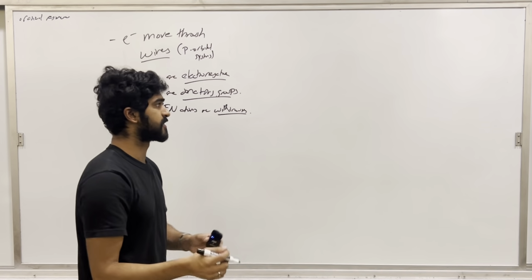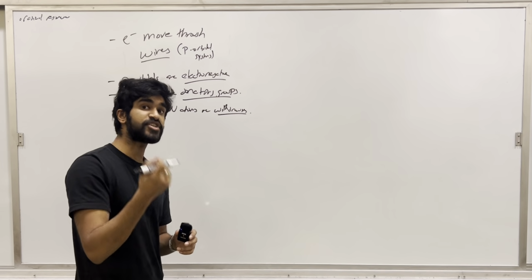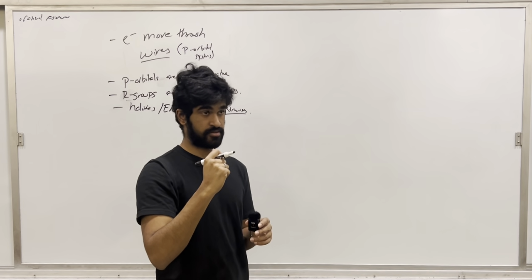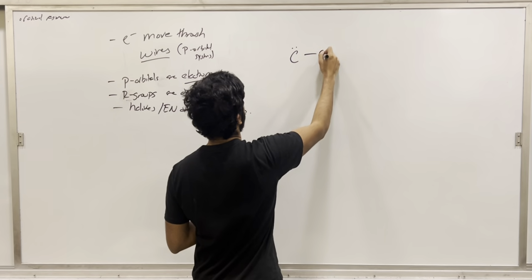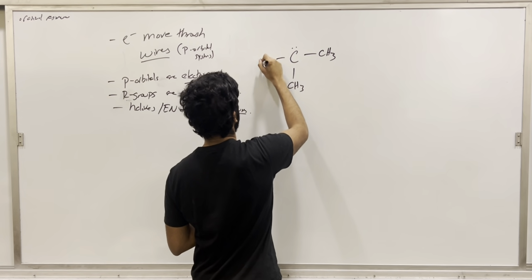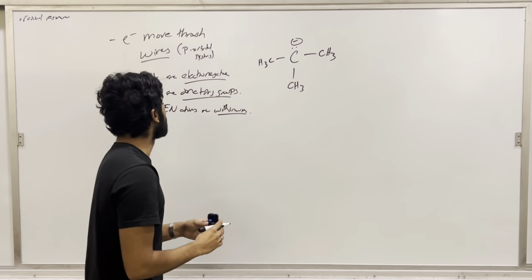So we're just going to hop into it. Whereas a carbocation has a deficiency of electrons, a carbanion is electron rich. So this is a carbanion.